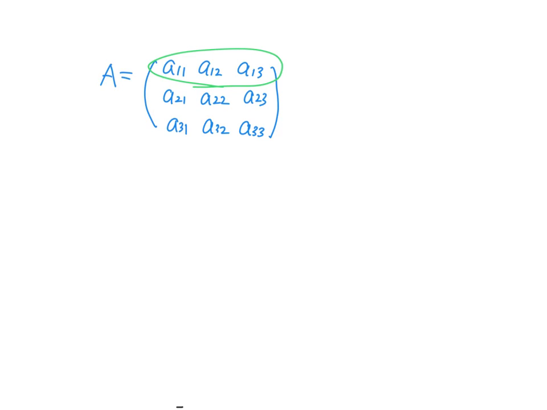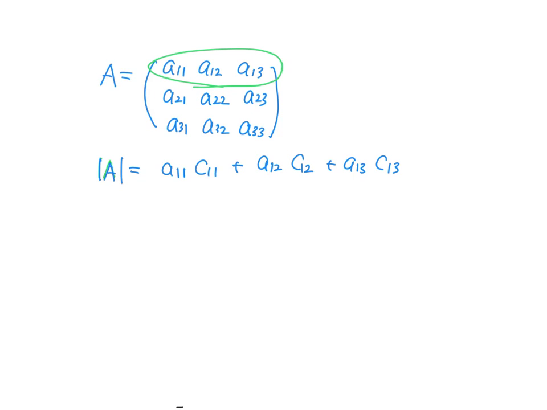So determinant A is, actually you can do A11, C11, A12, C12, A13, C13, right?